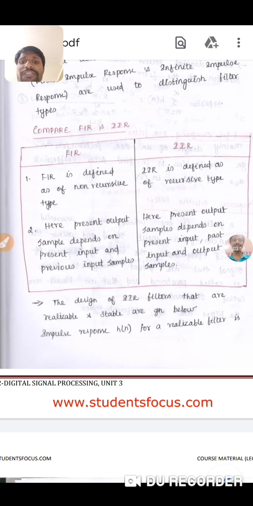So an FIR filter depends on the present and past input samples, whereas an IIR filter depends on the past output samples and present and previous input samples.